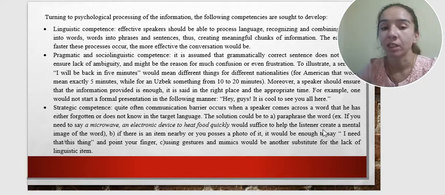For example, a sentence, I will be back in 5 minutes, has different meaning for American people, for whom time is money and they would expect a person to come within exactly 5 minutes, while for an Uzbek it would mean something from 10 to 20 minutes. So while saying something, the speaker should take into consideration these cultural aspects.